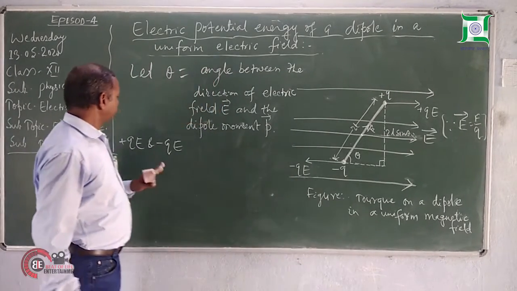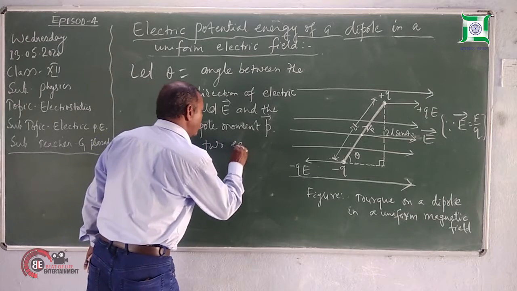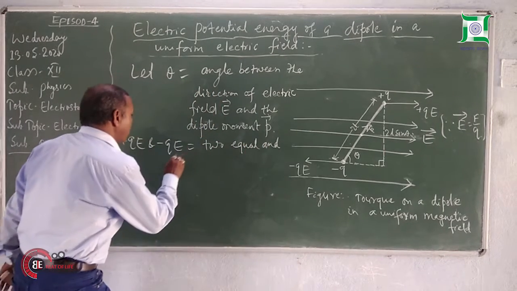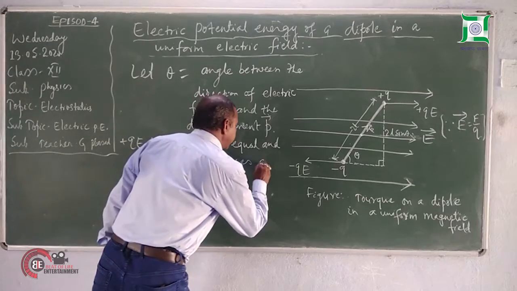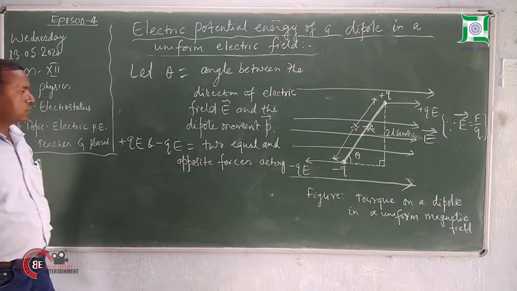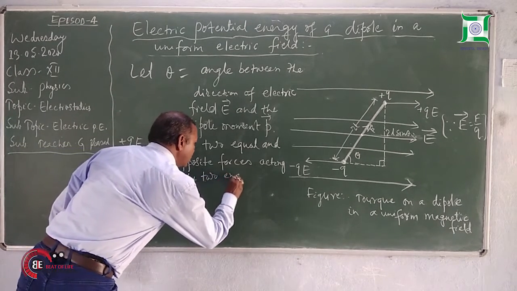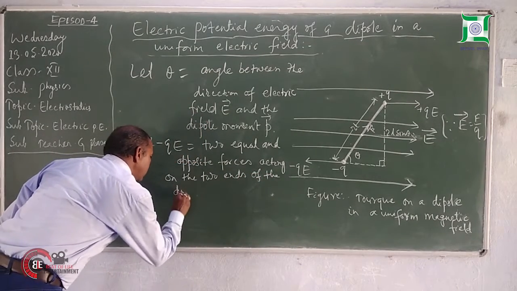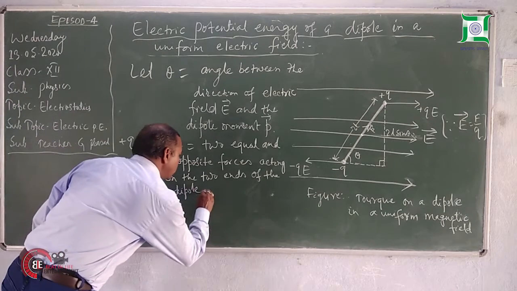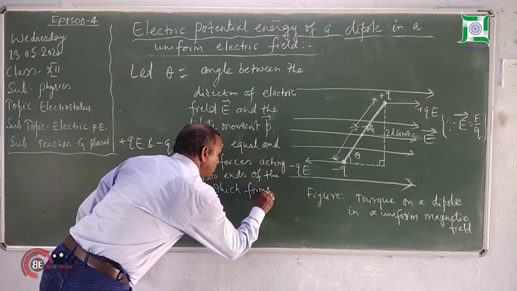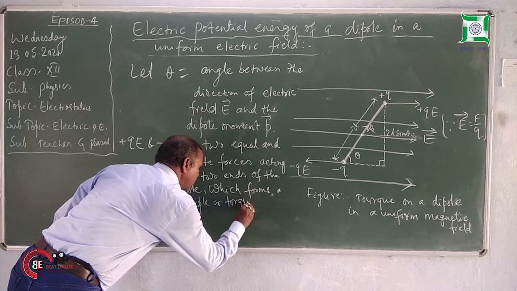So we write here plus QE and minus QE, two equal and opposite forces acting on the two ends of the dipole, which form a couple, which forms a torque.